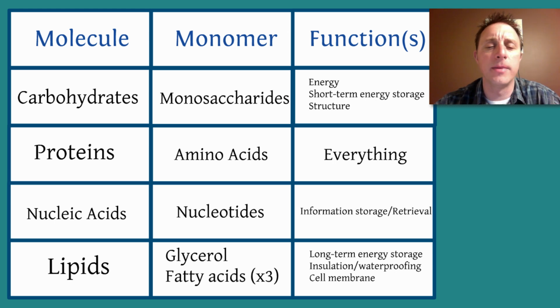One important note here is about lipids. Technically, they do not have a monomer polymer type structure, but they are made up of smaller bits. We have the triglycerides here are made up of one glycerol molecule attached to 3 fatty acid molecules.